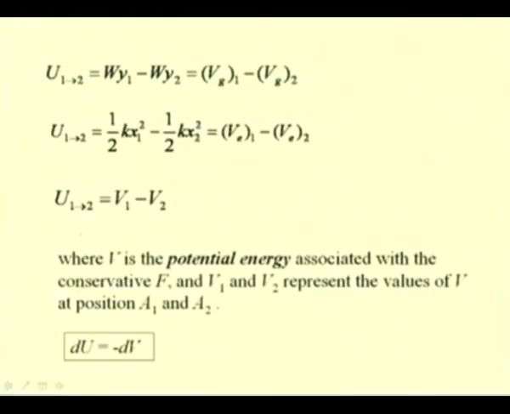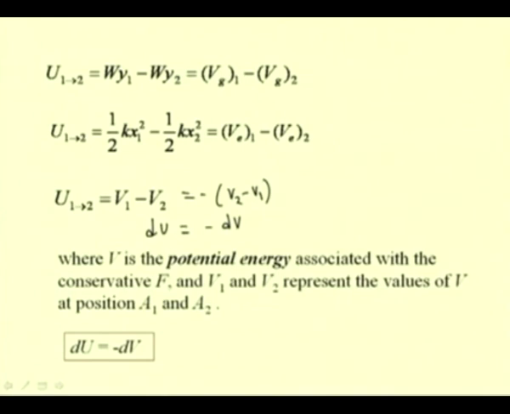So, we can write dU, or the change in the work, is equal to the negative of dV, because we see that the work done from 1 to 2 is equal to V1 minus V2, which is equal to minus (V2 minus V1), and for a small change it is equal to minus the small change in the potential energy.